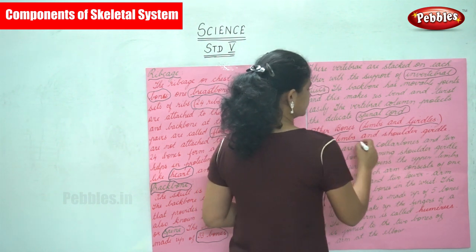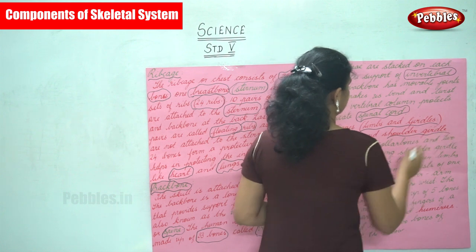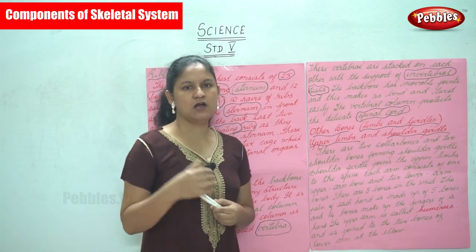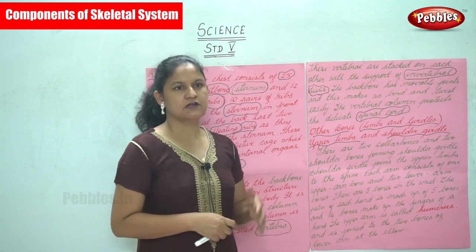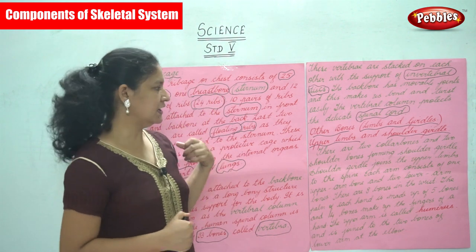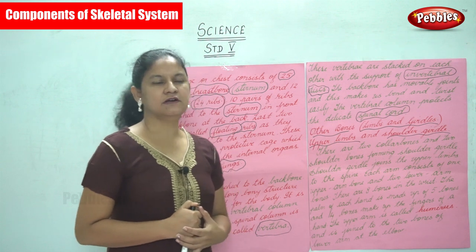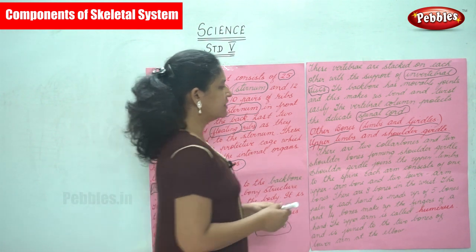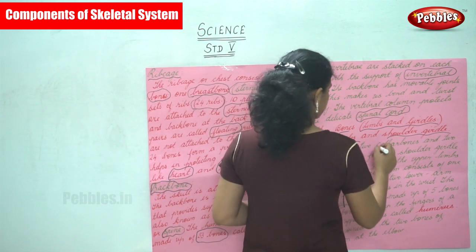The upper limbs and your shoulder girdle. So talking about the other bones, that is your limbs and your girdles, now moving on to the upper limb and your shoulder girdle. There are 2 collar bones and 2 shoulder bones.